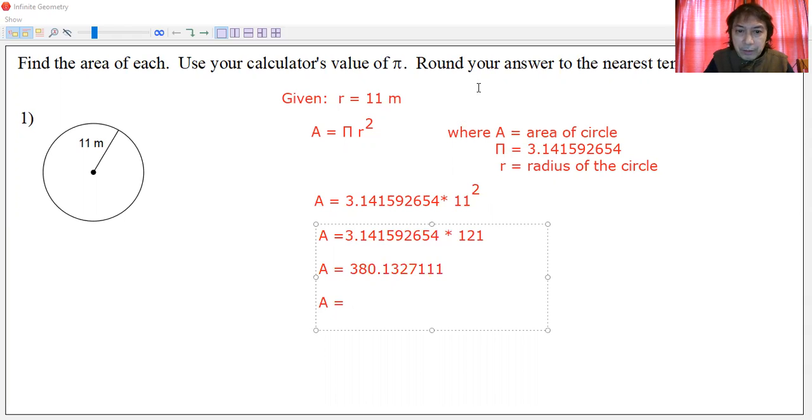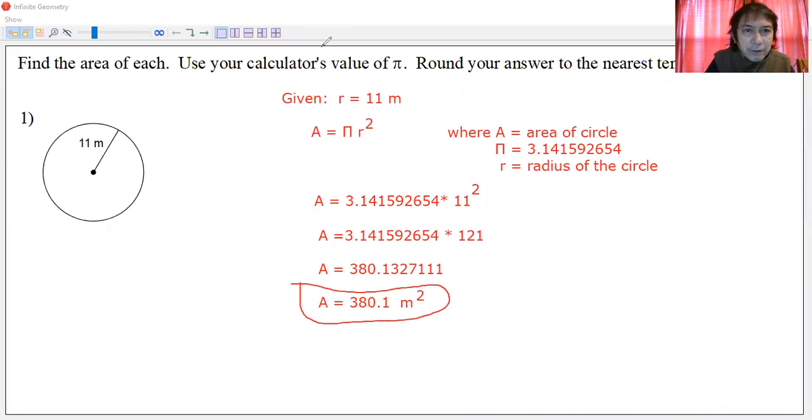So the final answer will be 380.1 square meters. This is our computed value for the area of a circle, and to check, you can see the answer below the diagram. It matches our answer.